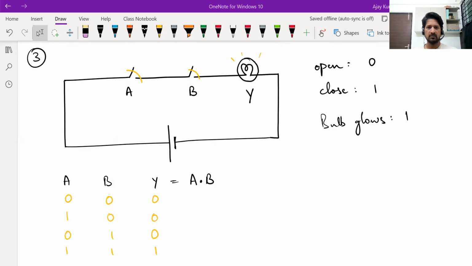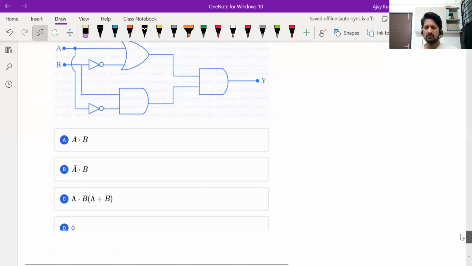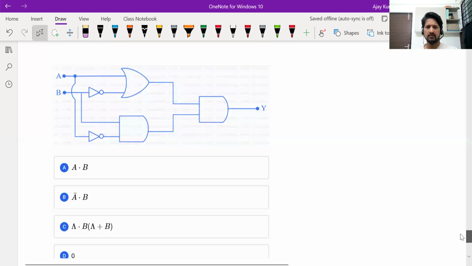Look at this question, which was asked last year. They gave a network of gates and they are asking you what is the output of the following circuit of inputs.